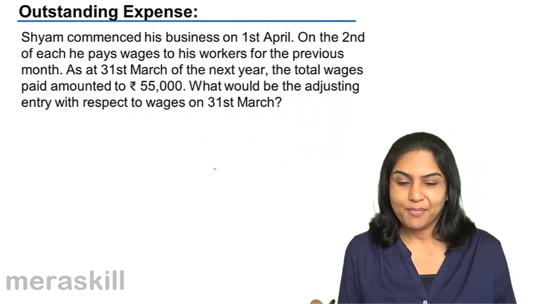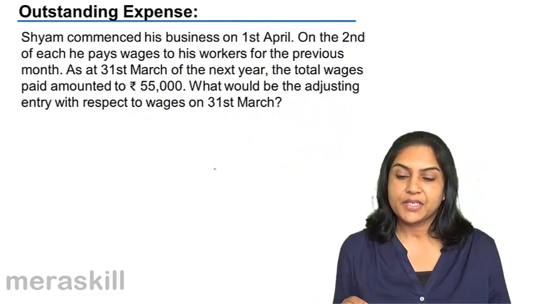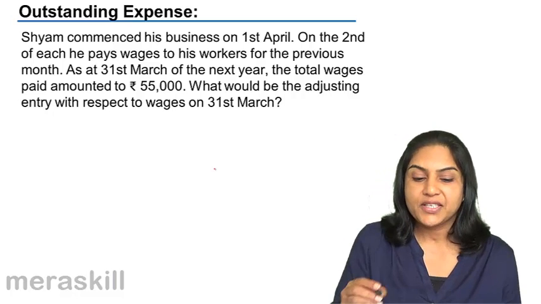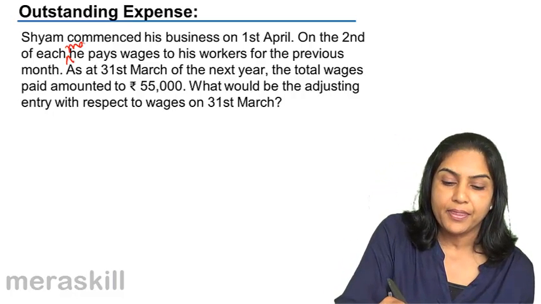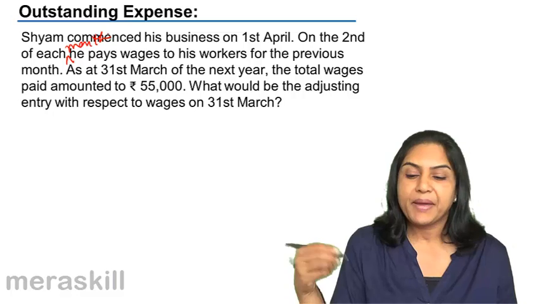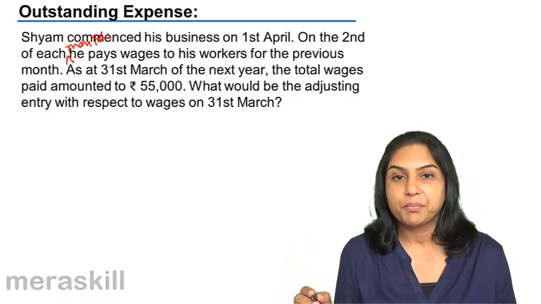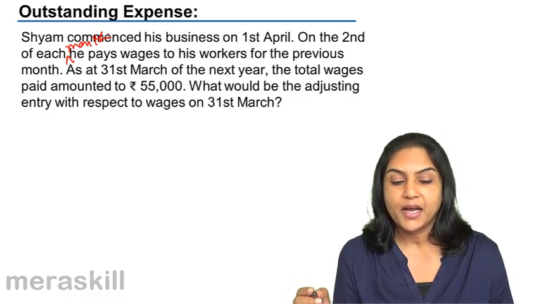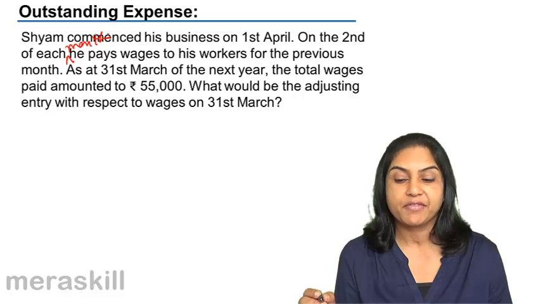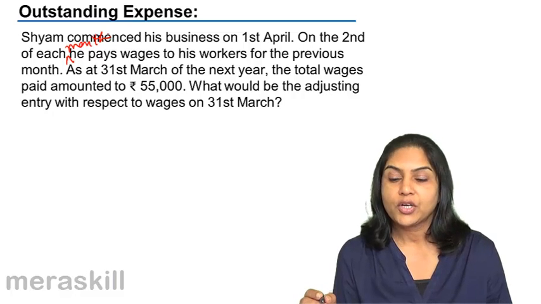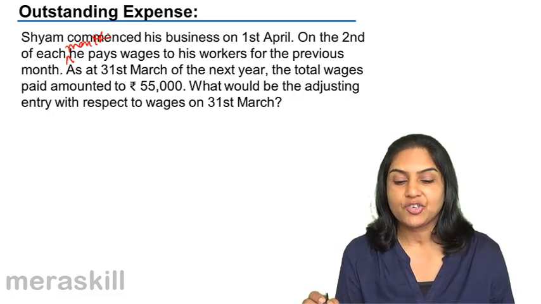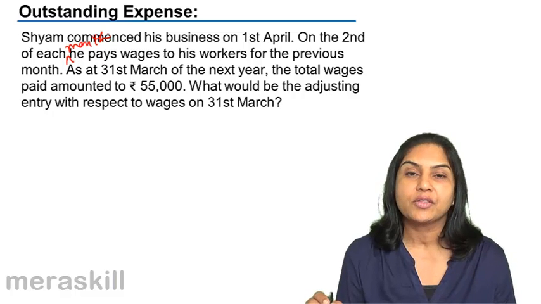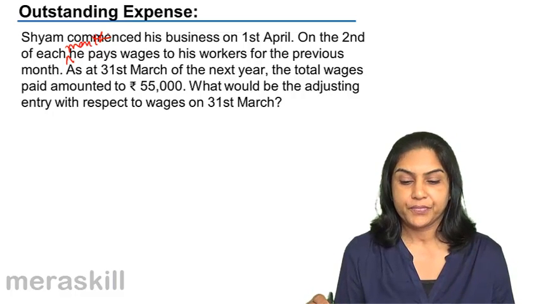Let's look at this example. Shyam commenced his business on 1st April. On the 2nd of each month, he pays wages to his workers for the previous month. As at 31st March of the next year, his total wages paid amounted to 55,000. What would be the adjusting entry with respect to wages on 31st March? So what has happened?